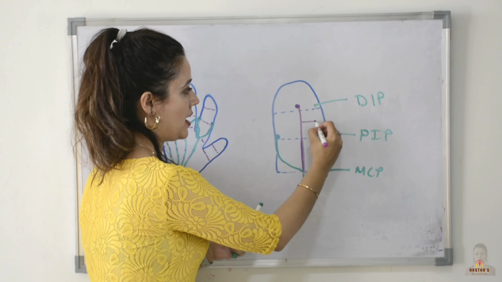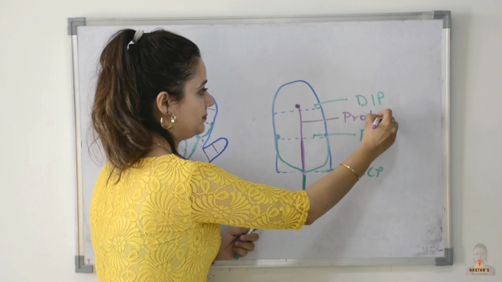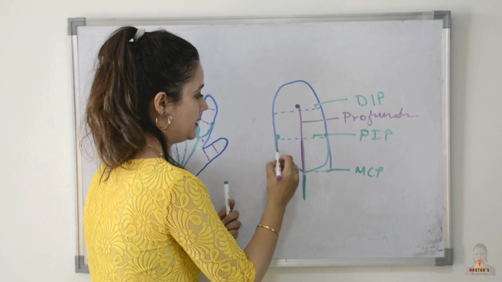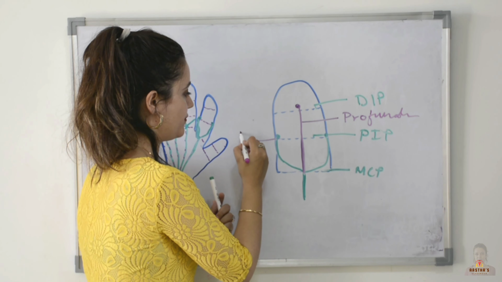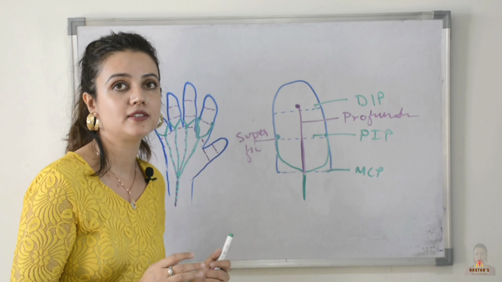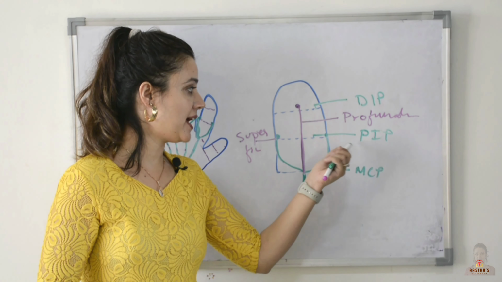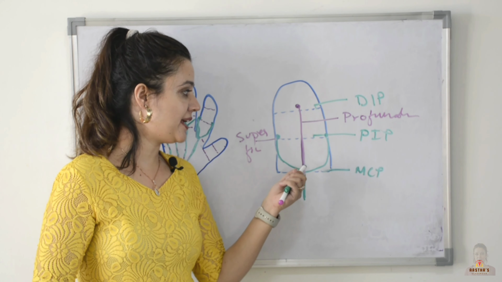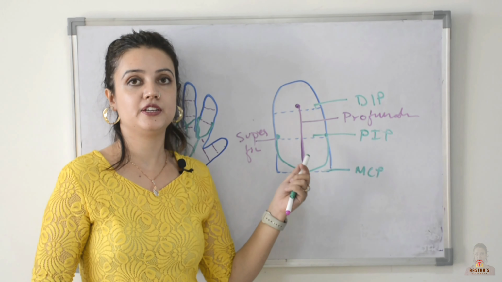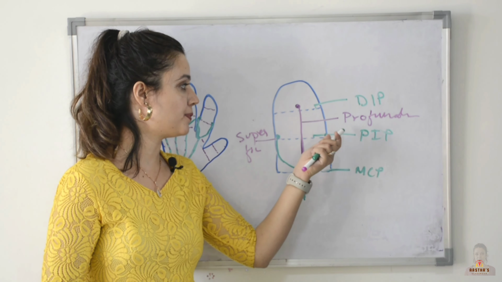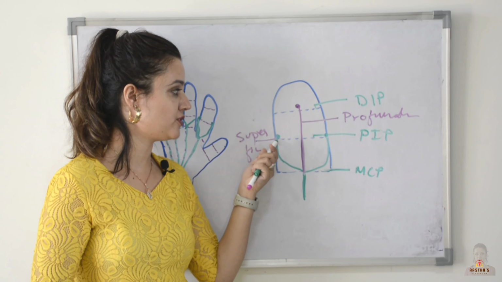So this is our profundus tendon and this is our superficialis tendon. Since the flexor digitorum superficialis is crossing the PIP joint, the major action of this muscle is to cause flexion in the proximal interphalangeal joint, which is here.